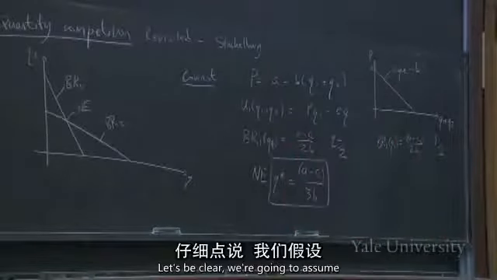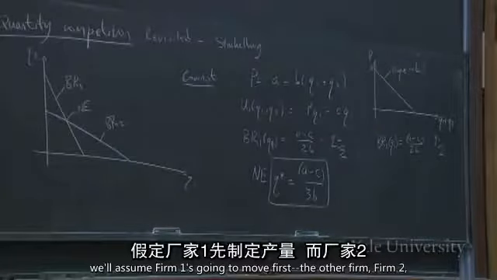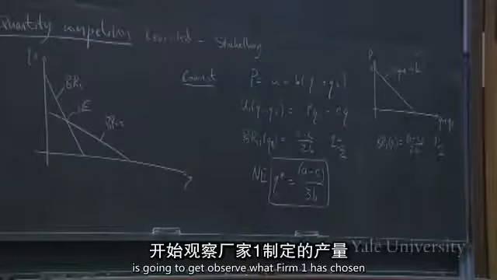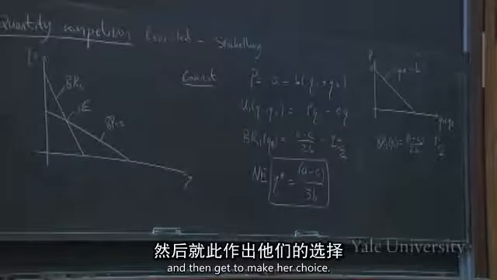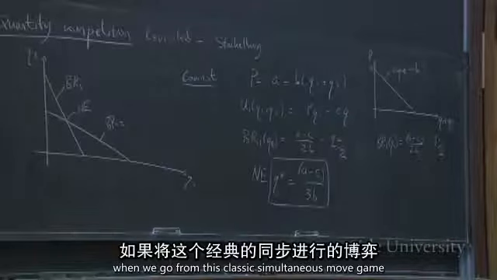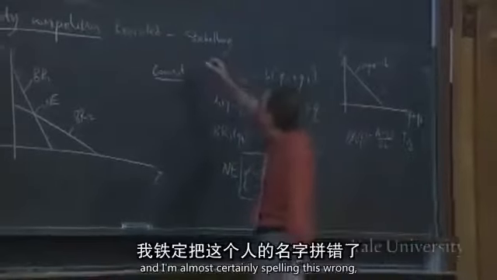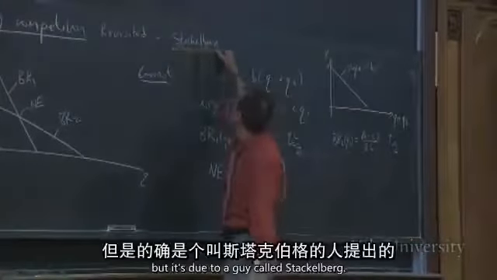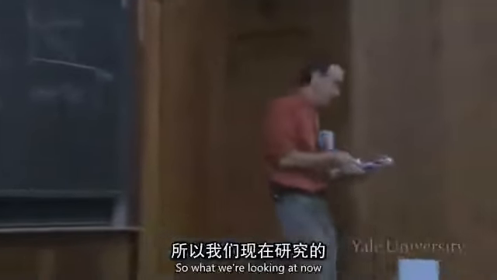We'll assume firm 1 moves first, and firm 2 gets to observe what firm 1 has chosen and then make her choice. We're going to see what difference it makes when we go from this classic simultaneous move game to a sequential move game. This model is fairly famous, and I'm almost certainly spelling this wrong, but it's due to a guy called Stackelberg. So what we're looking at now is the Stackelberg model.